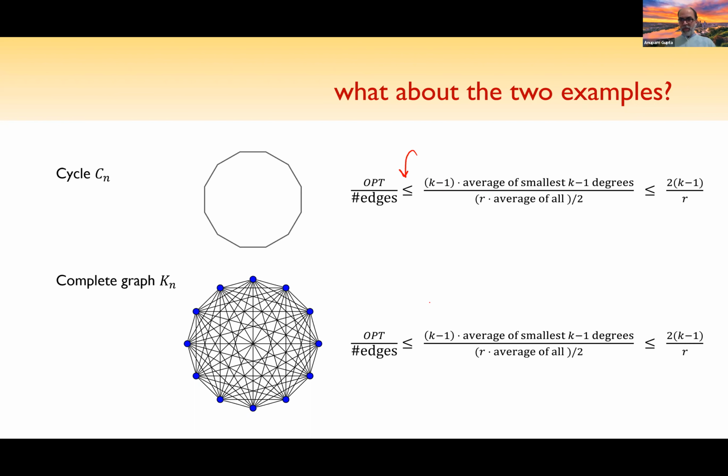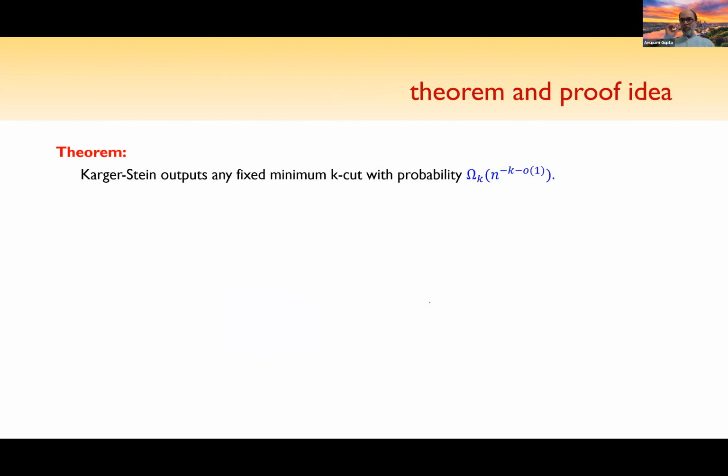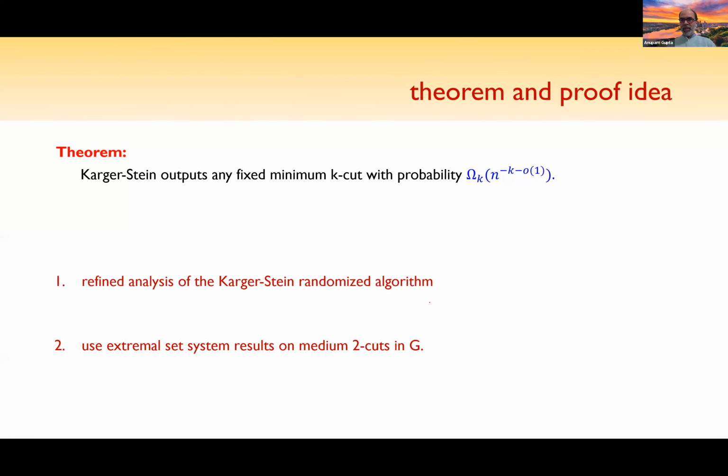Okay. So given this, here is what we'll do. And I'll give you the proof in sort of two pieces. So I'll give you a refined analysis of this contraction algorithm.